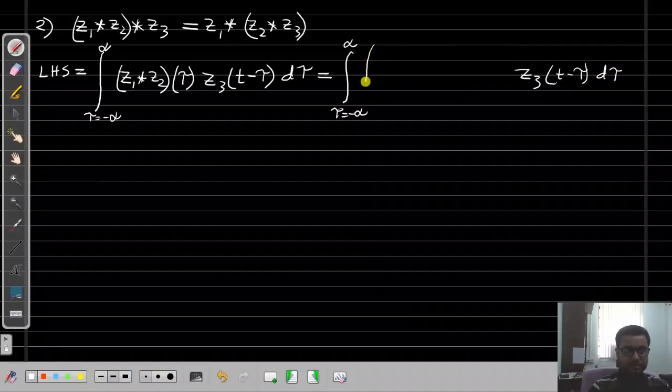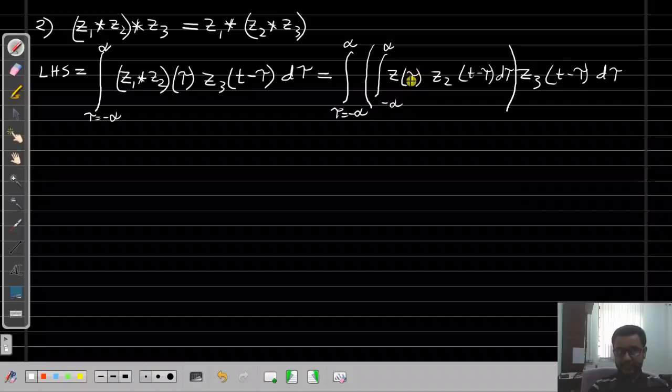Then this convolution I shall expand. I shall write it as another integration of z1 tau, z2 t minus tau, d tau from minus infinity to plus infinity. Now you notice that I have two problems.